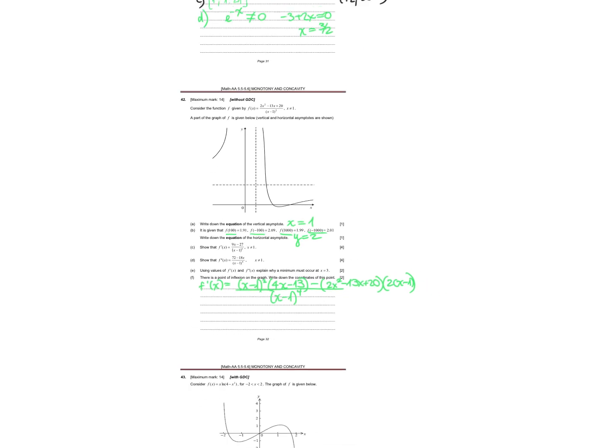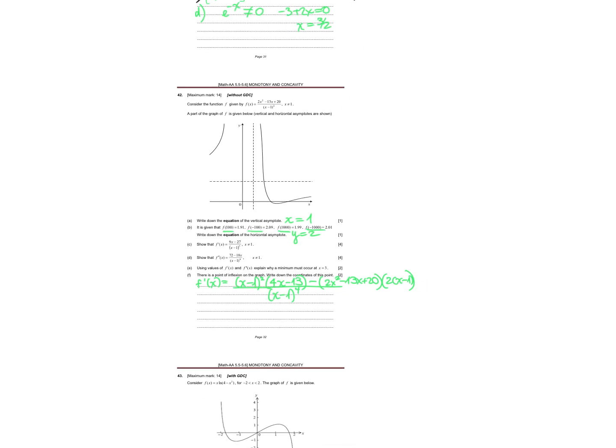All right, so we have an x minus 1 in common. And then on the inside, we're going to have (x minus 1) times (4x minus 13).